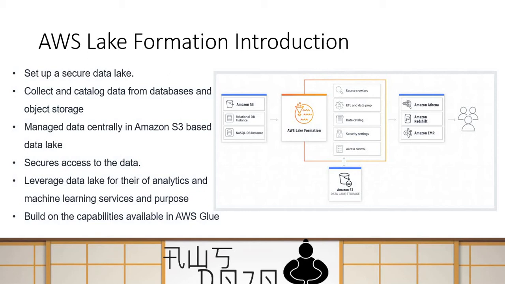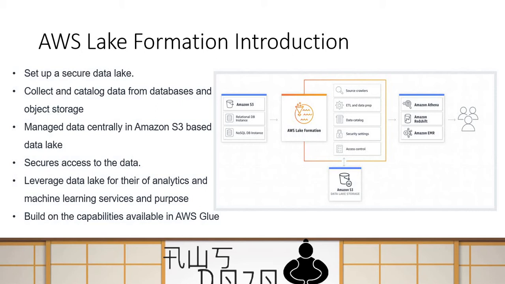And again, let me loop back that Lake Formation provides all these capabilities by working in conjunction with the S3 bucket, primarily as data storage, and with Glue, which is responsible primarily for running the ETL jobs, data processing jobs, and cataloging of the data. So that's how the data lake is created.